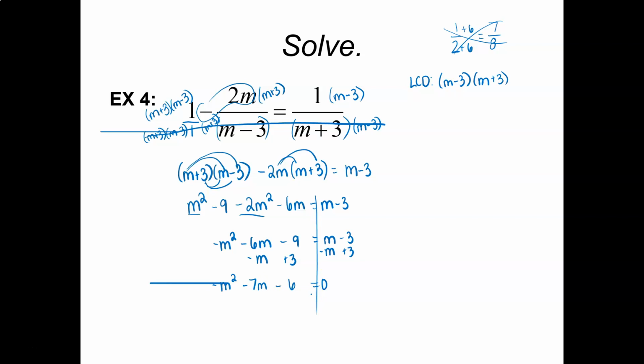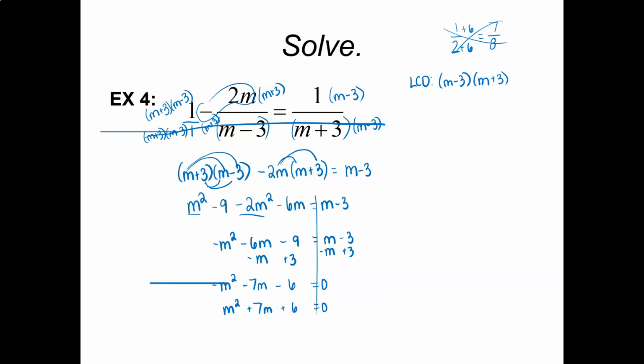It's going to be really hard to factor with a negative m squared, so I would either move everything to the other side, or you can just multiply through by negative 1 here, which just changes the sign of everything. So m squared plus 7m plus 6 equals 0.